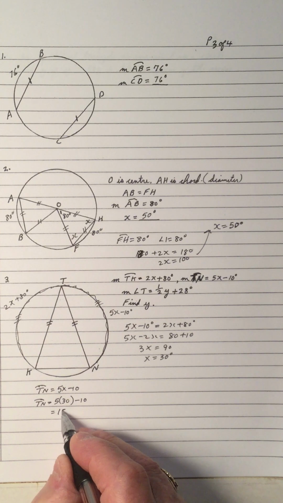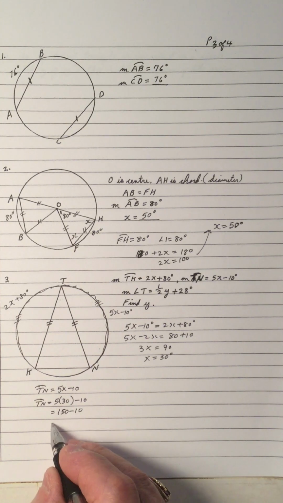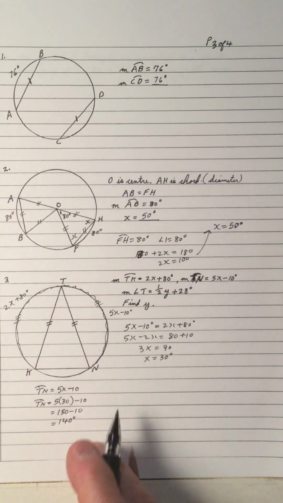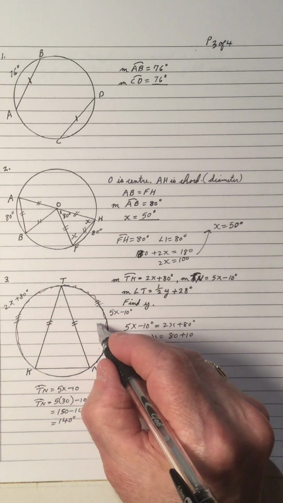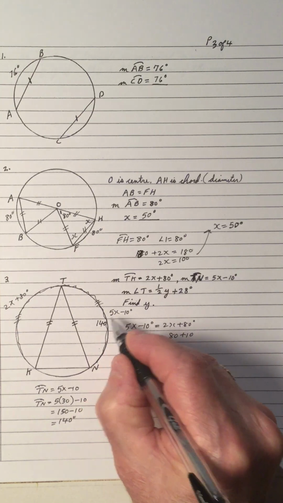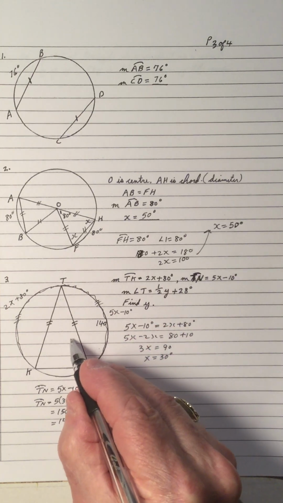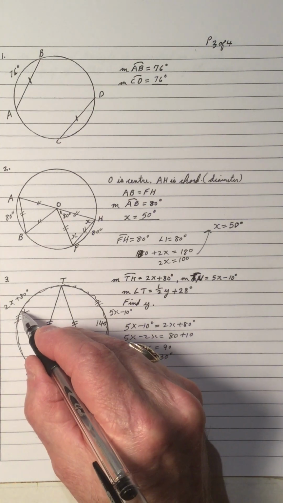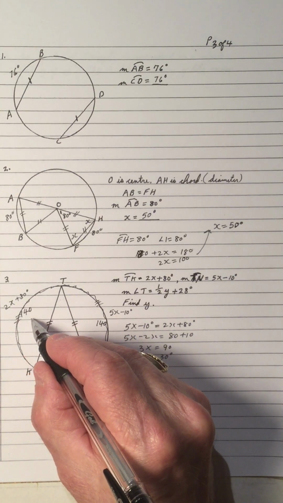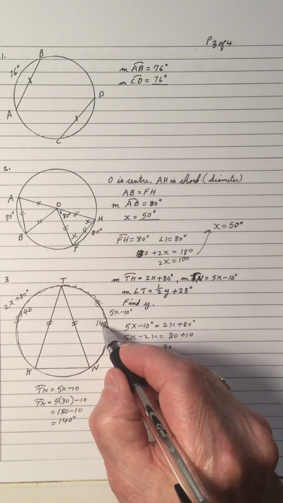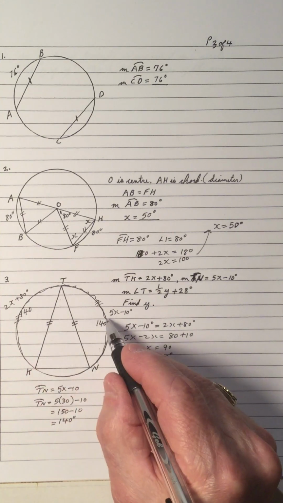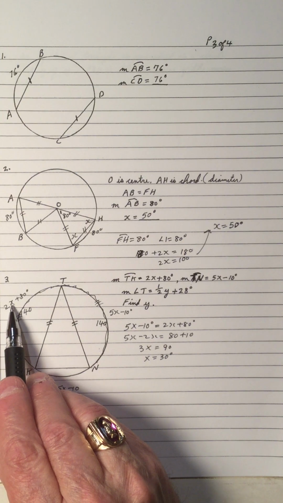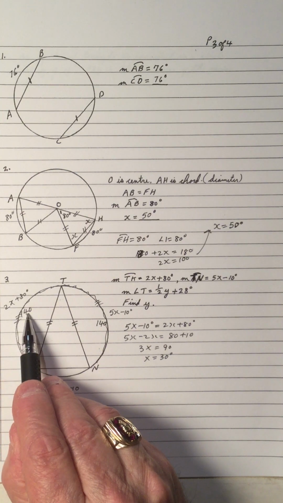That's 150 minus 10, which is 140 degrees. So this arc is 140, and this arc right here is also 140. If you put 30 in here, 2 times 30 is 60, and 60 plus 80 is 140.